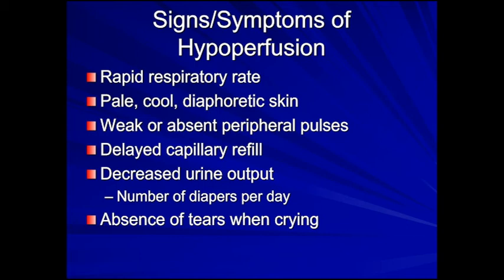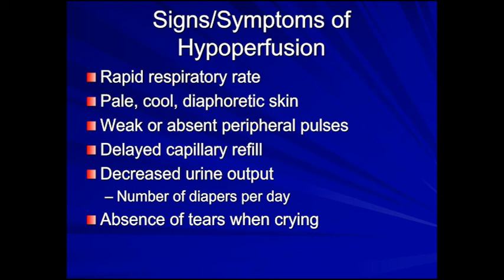Signs and symptoms of hypoperfusion. So according to this slide, we have a rapid respiratory rate. That may be a situation where the patient is trying to increase the oxygenation by just being able to pull in extra air and or offload extra CO2, extra ventilatory rate there, extra minute volume.